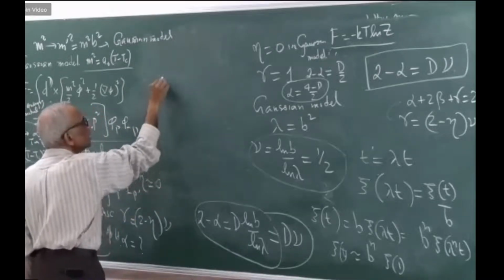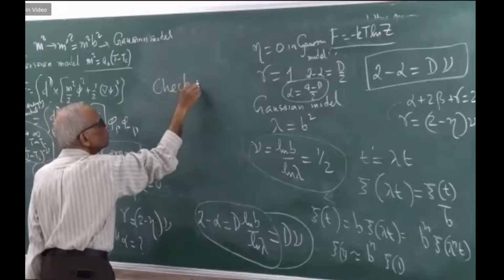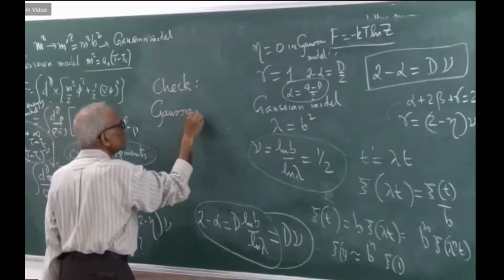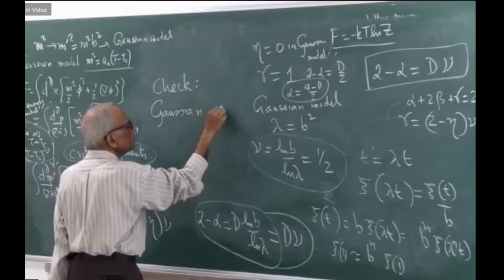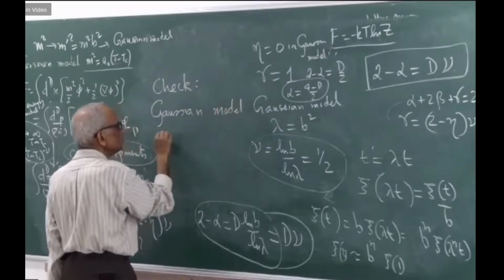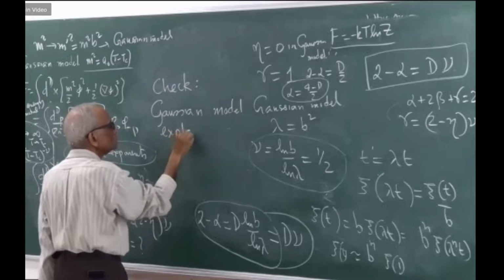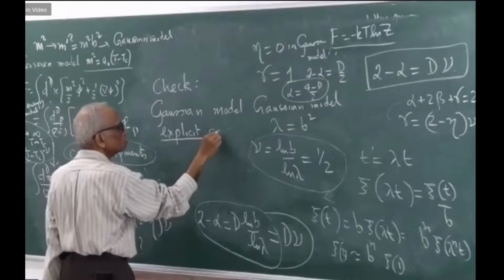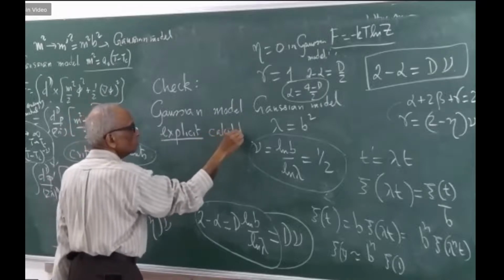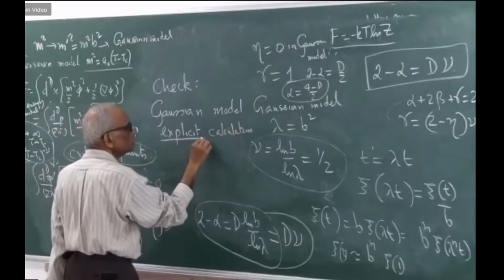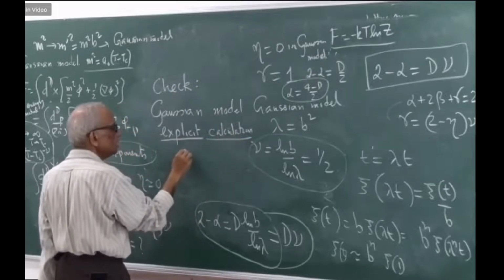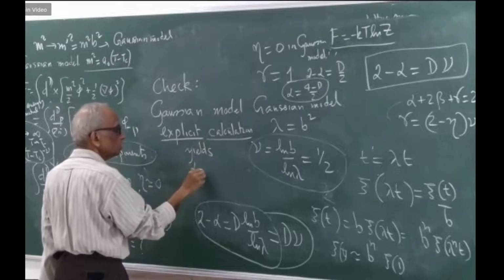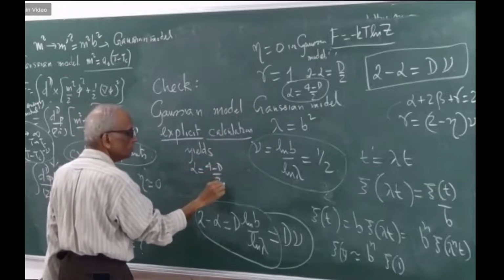If not, it is very important for you to check that the explicit calculation, meaning evaluating the functional integral, yields the relation over here, alpha equal to 2 minus d by 2.